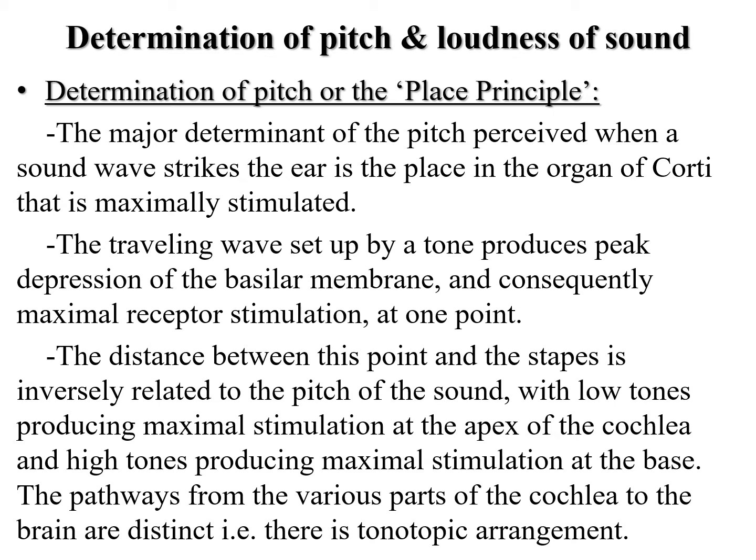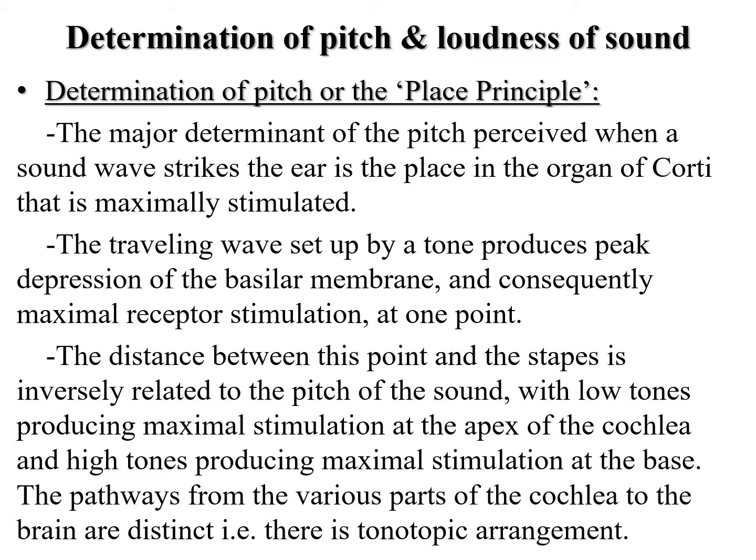So the maximal receptor stimulation at one point in the cochlea will maximally stimulate the nerves which are related to that part of the brain which is perceiving that tone. This is how this tonotopic arrangement of the nerves emanating from the cochlea are the determinants of tone perception.